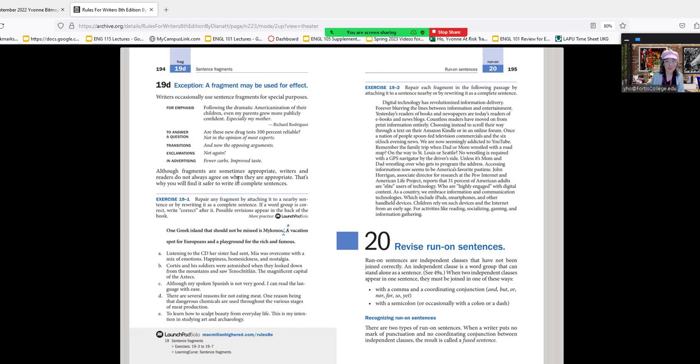Although fragments are sometimes appropriate, writers and readers do not always agree on when they are appropriate. So for your beginning English 101 class, stay away from these kinds of fragments.